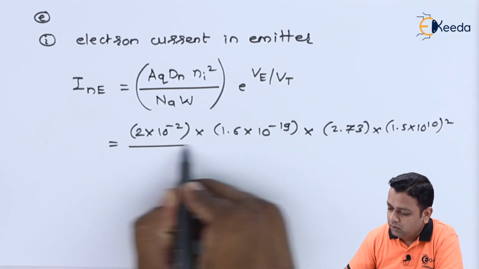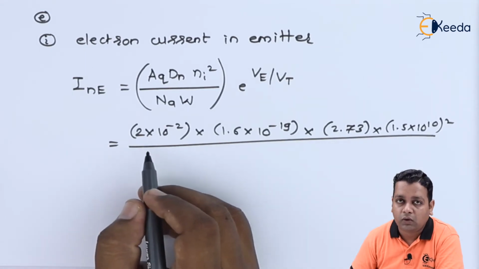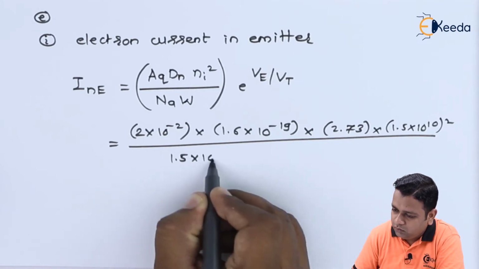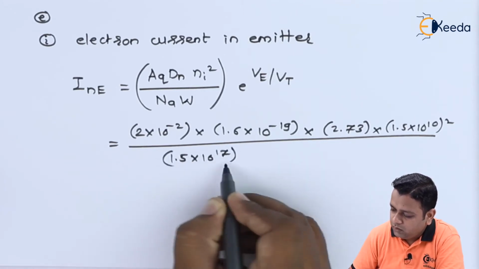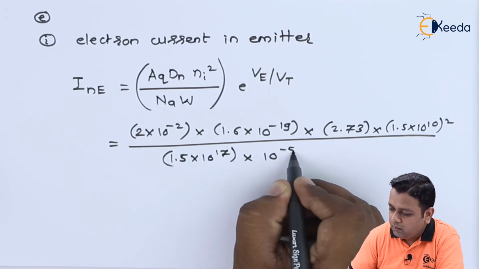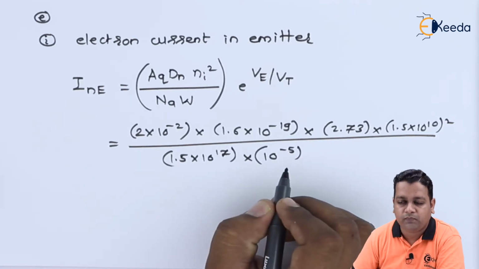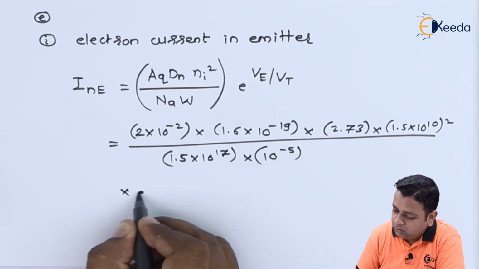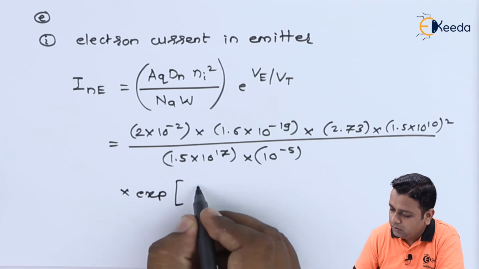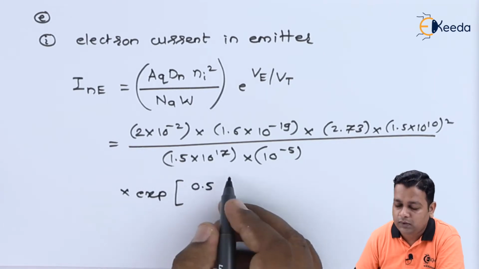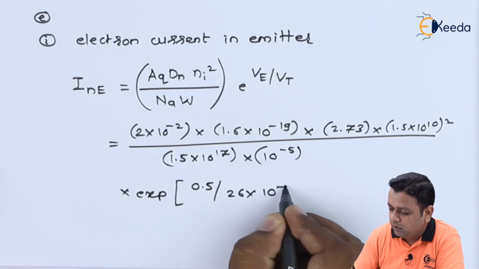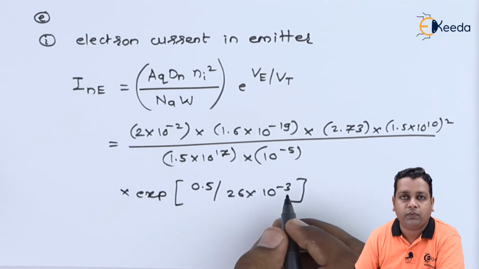So this is all divided by the impurity concentration substituted as 1.5 into 10 raised to power 17 in multiplication to the W, that is 10 raised to power minus 5. So this is in multiplication to the exponential of 0.5, the value of V, divided by 26 into 10 raised to power minus 3 here.